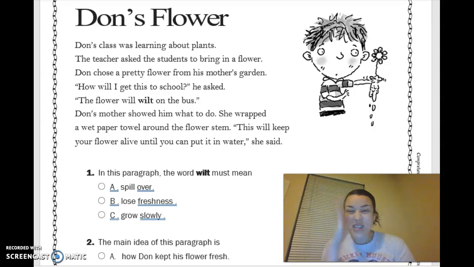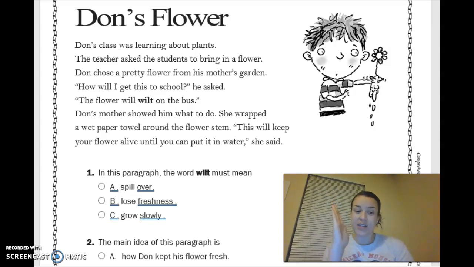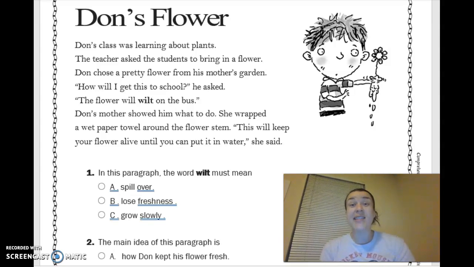Maybe the stem looks a little bit curvy and not so straight. So A, spill over, does that sound like it would be right? Not really. B, lose freshness? Well, didn't we say that flower might not be as fresh as it could be because of how the stem looks?